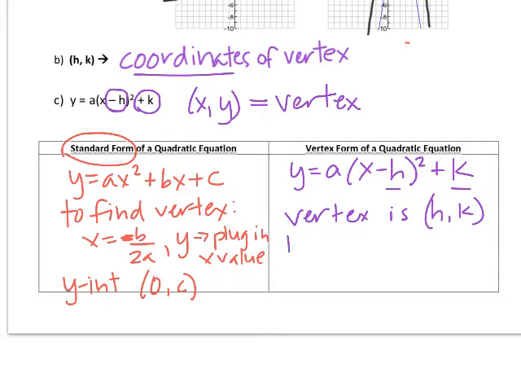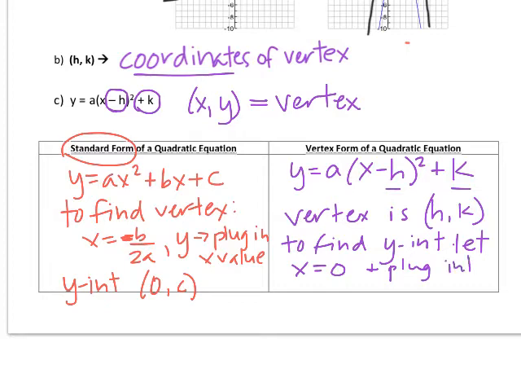To find the y-intercept, we are going to let x be 0 and plug into the given equation. So it's still pretty simple, but there is some plugging in that we have to do. So let x be 0 and plug into the function.